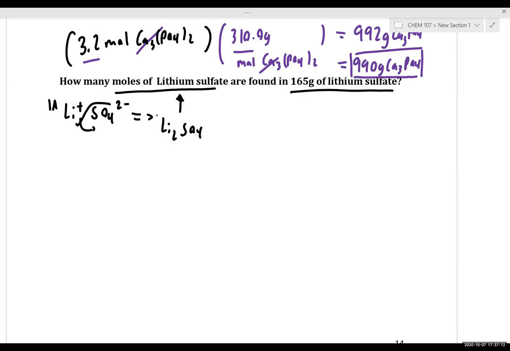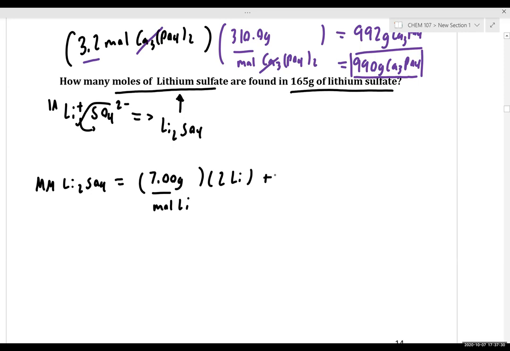Okay, so let's look at this example. So first we need to calculate the molar mass of lithium sulfate. So we have 7.00 gram per mole of lithium, and we have 2 lithium atoms in our formula. We have a mass of 32.0 gram per mole of sulfur, and we have 1 sulfur atom.